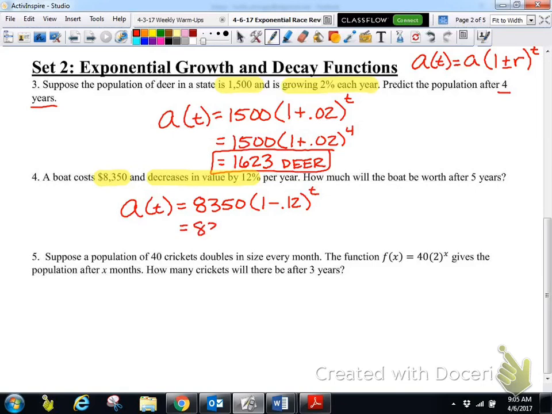So then we take 8350 times 1 minus 0.12, and our t is going to be our 5 years, so to the 5th. And the estimated cost of the boat, or the value of the boat, is going to be approximately $4,406.